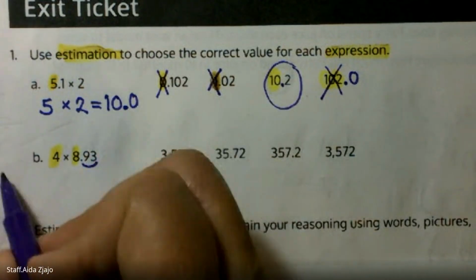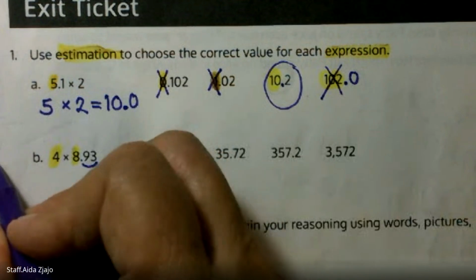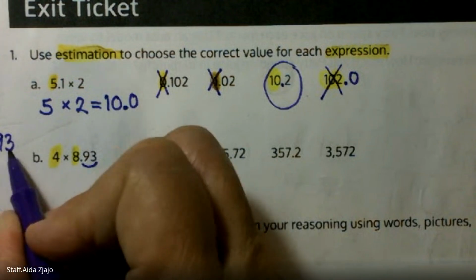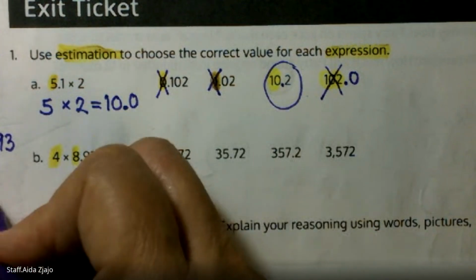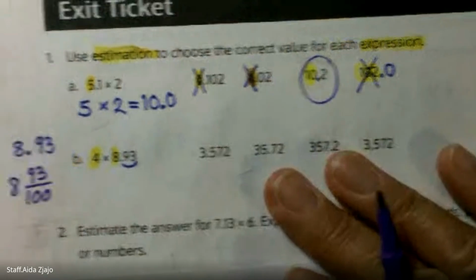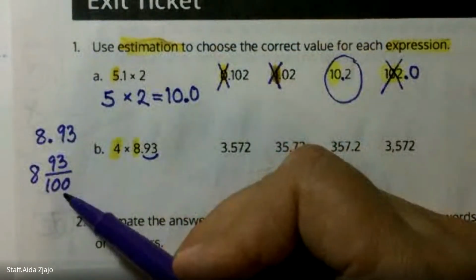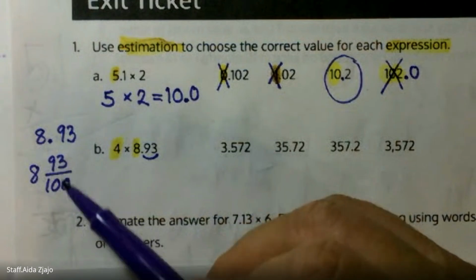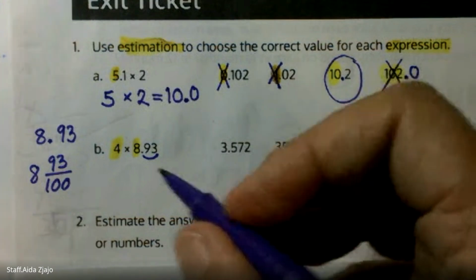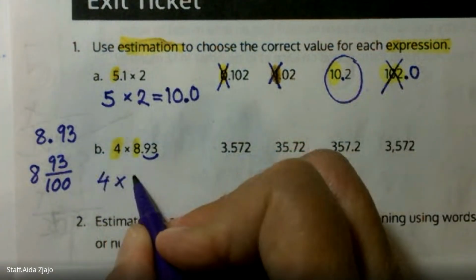Look, $8 and 93 hundredths. I can write it as 8 and 93 out of 100. So 93 out of 100, I almost have 100. So I can estimate this to be 4 groups of 9.